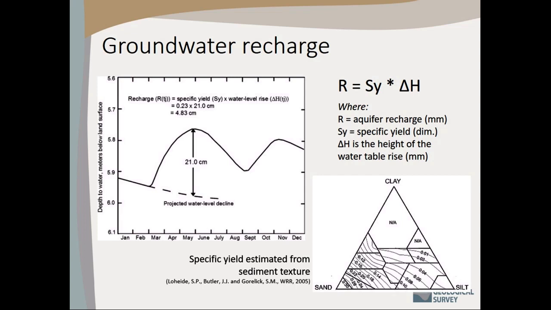In a case like this loam texture, we're at about 0.04. That's a little lower than what you might think for specific yield. This is readily available specific yield, so if it rains, this is the response that we see. That's not completely wetting and not completely drying. But this is the specific yield you use to convert the water level rise to recharge.